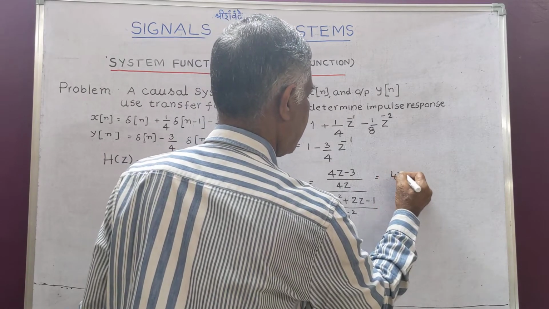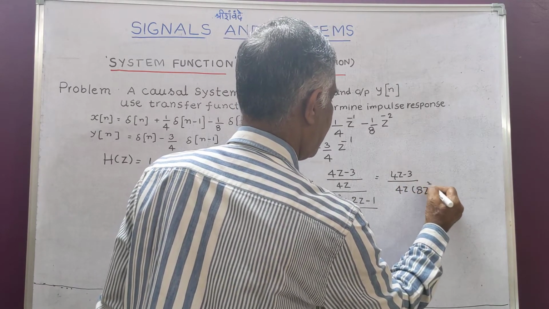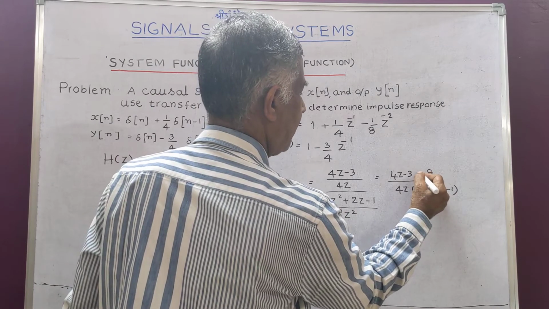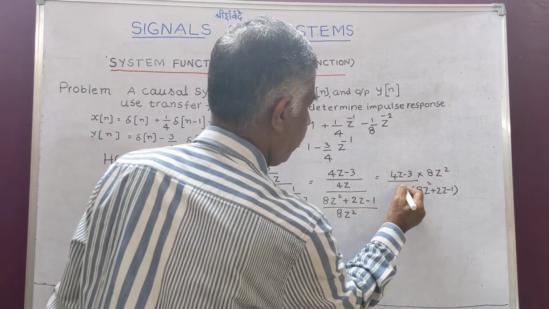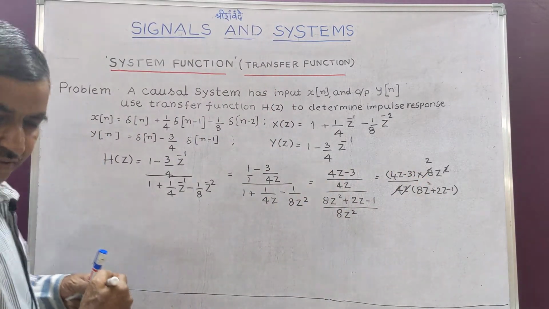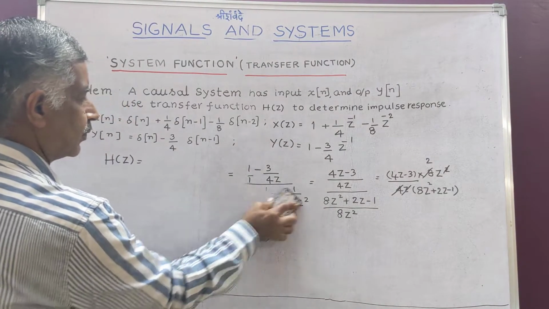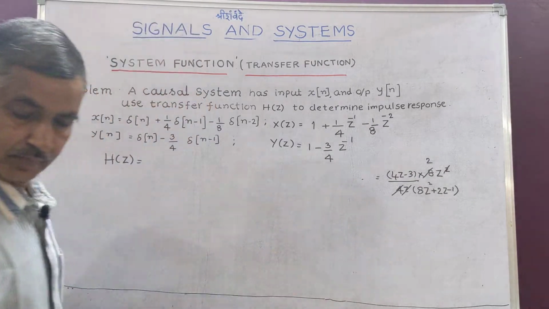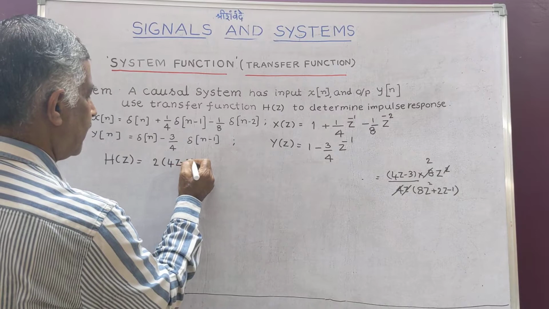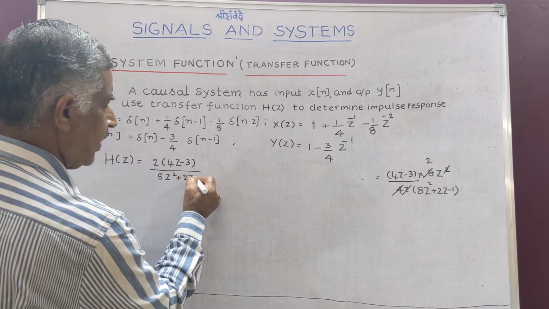Now simplifying, we are getting H(z) as 2 into (4z minus 3) divided by (8z square plus 2z minus 1).